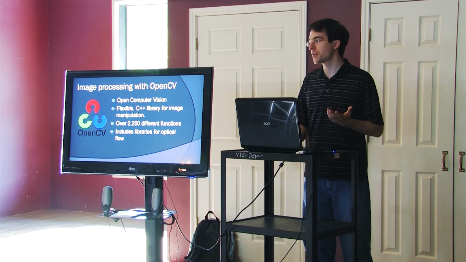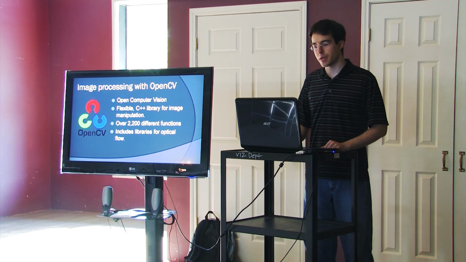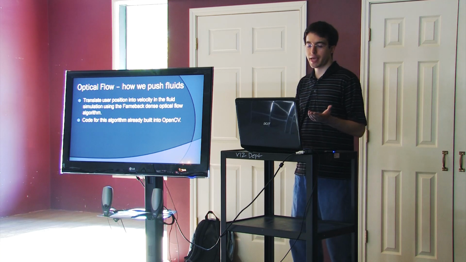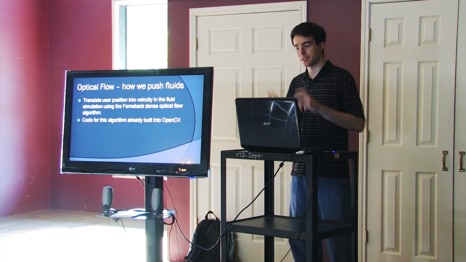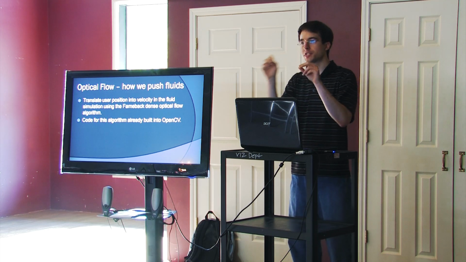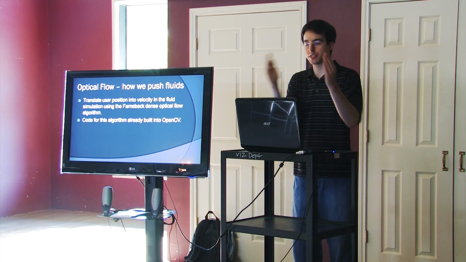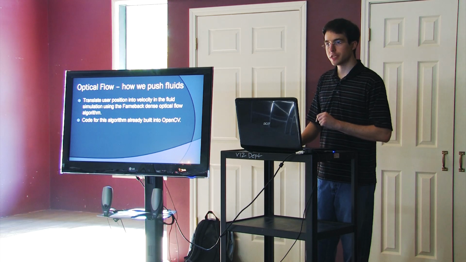Normally that's very complicated to program, but all of it was written for us in the OpenCV library. So we're using the Farneback method for optical flow, and it's a dense method, which means that the flow is calculated at each pixel instead of at certain regions in the screen. So it's all built into OpenCV.